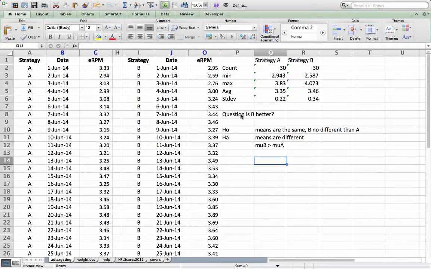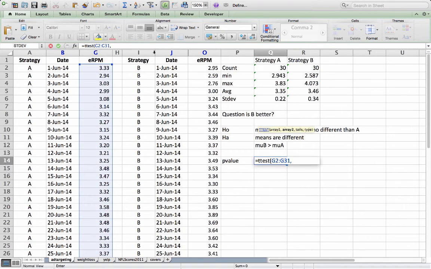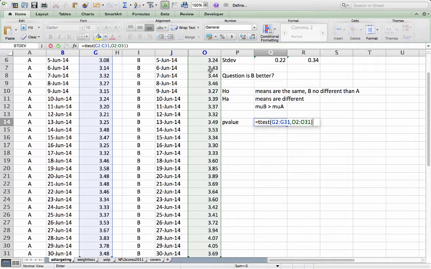Right, so we're going to use the t-test function, right, given that this is a two-sample version versus a single-sample version. Right, so our p-value in this case, right, let's do the t-test. Let's grab A revenues. Let's grab B revenues. All right, and we could do our one-tail tests, right?